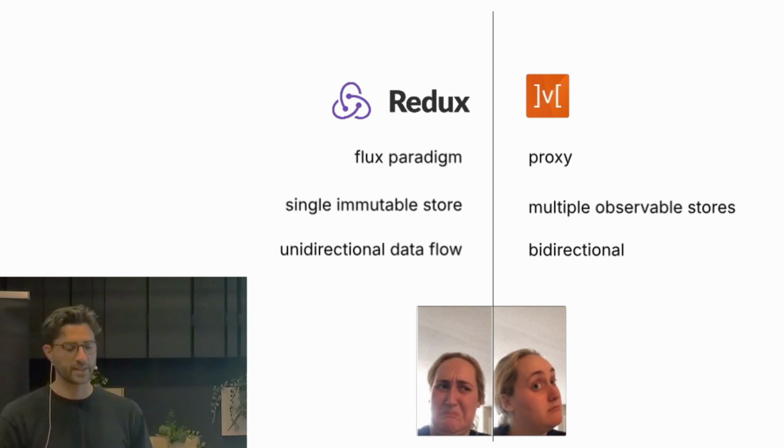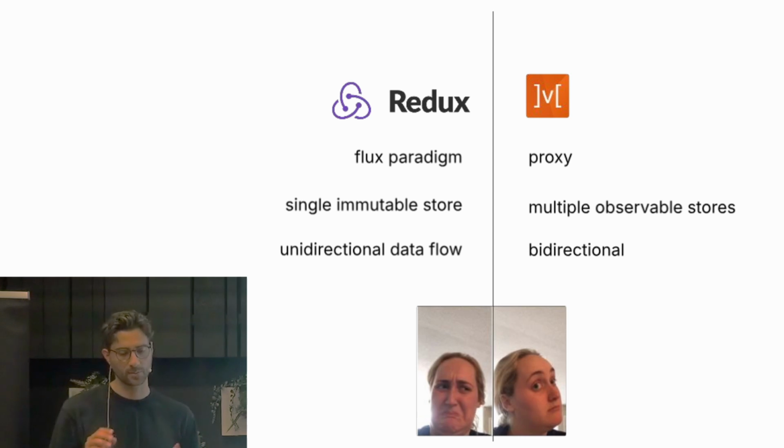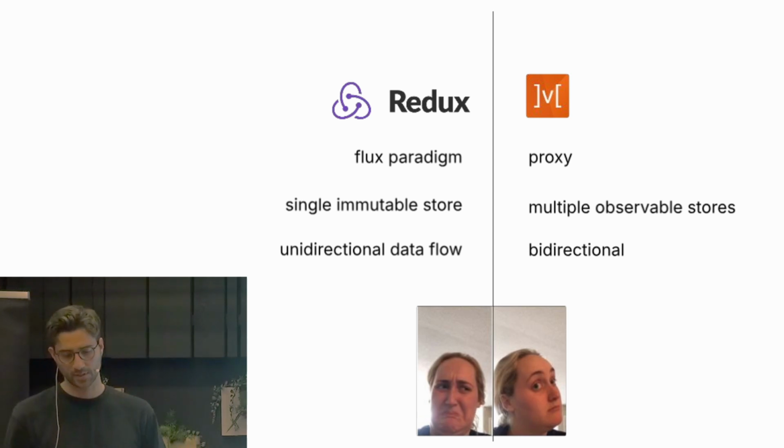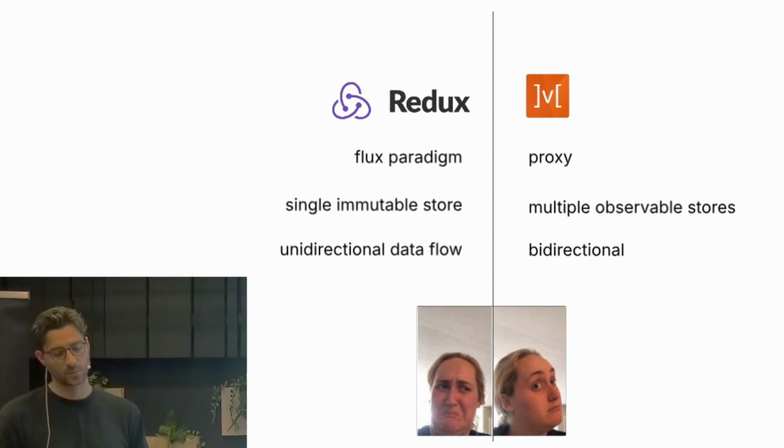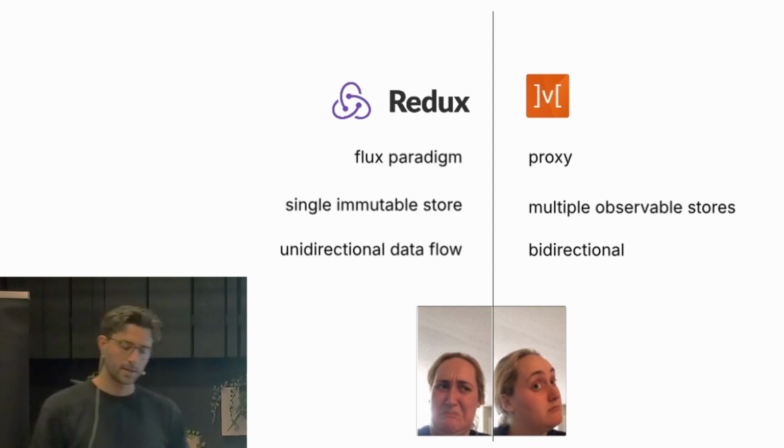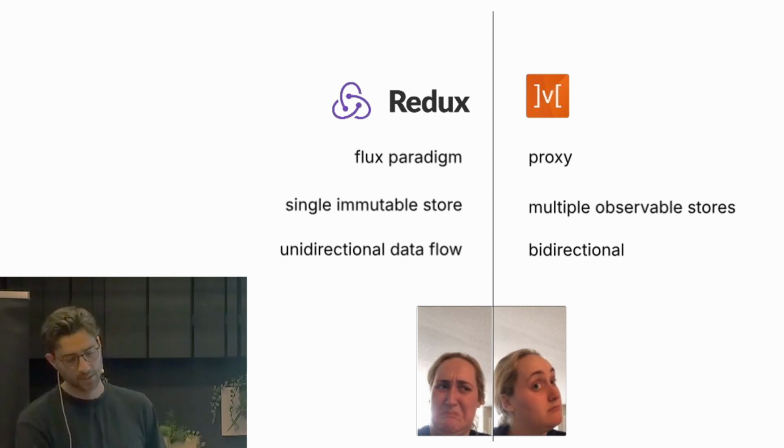MobX just scratches all of that. It goes bidirectional data flow by using proxy, which I assume you're familiar with. The JavaScript proxy, basically every time we make a call on a store, it will proxy the new state, the notification that there's a new value, to all the consumers. This is a whole different paradigm.